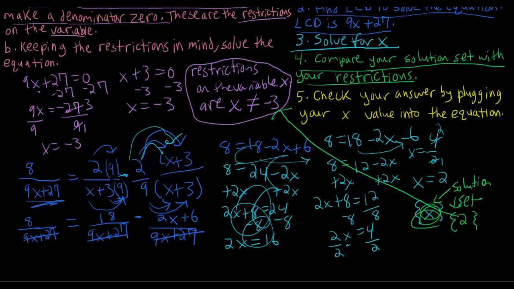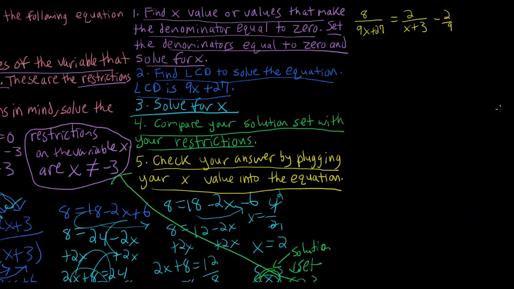And the last step we need to do is check our answer by plugging the x value into the equation. So we're going to check our answer by plugging in the x value of positive 2 into our initial equation.